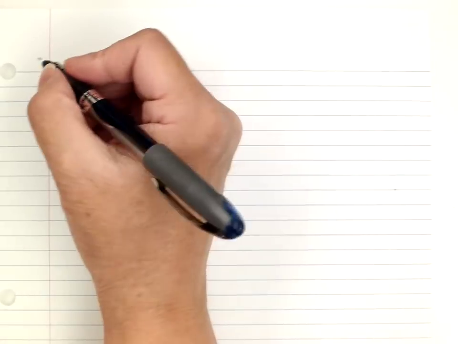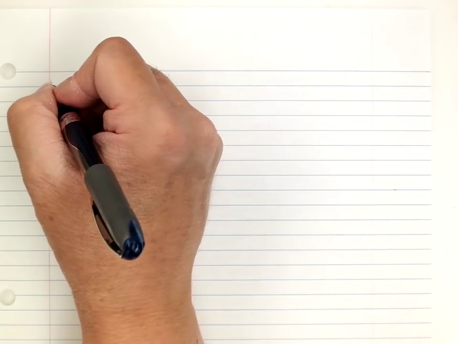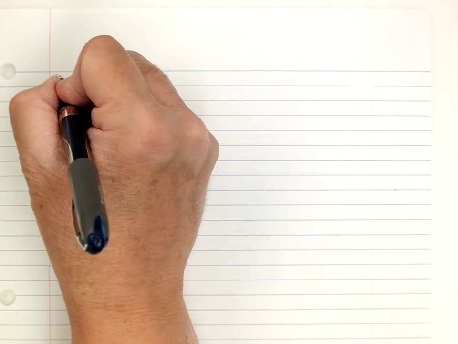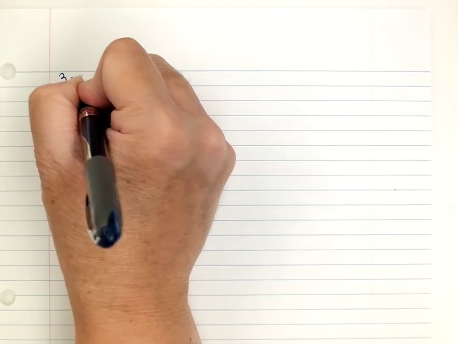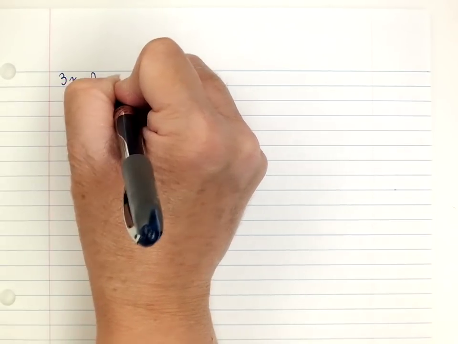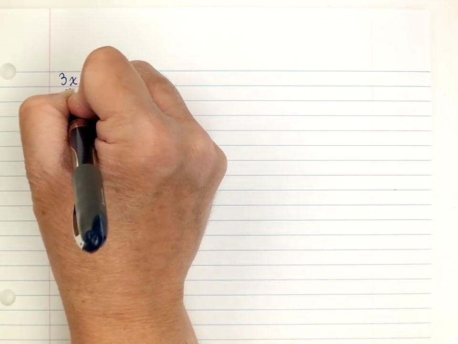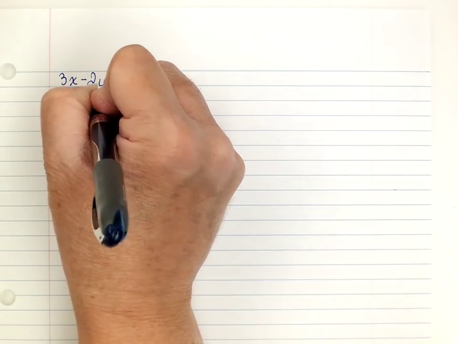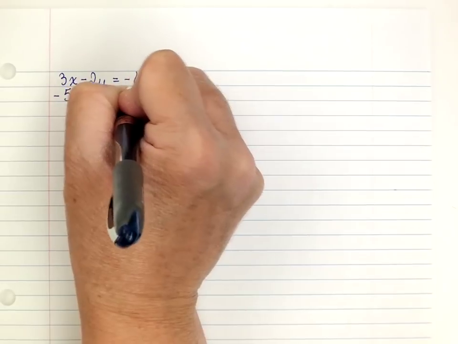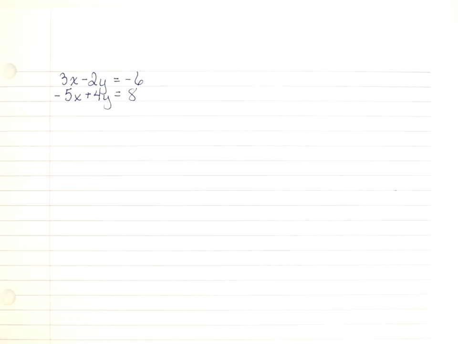So if I have something like 3x minus 2y equals -6, and -5x plus 4y equals 8, and I graphed those lines.